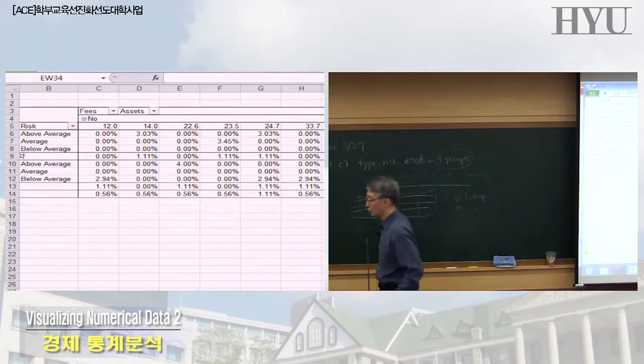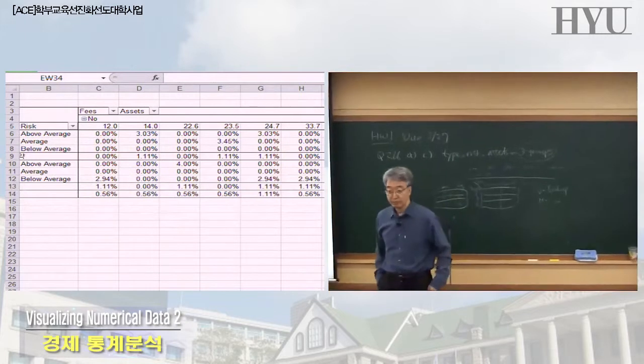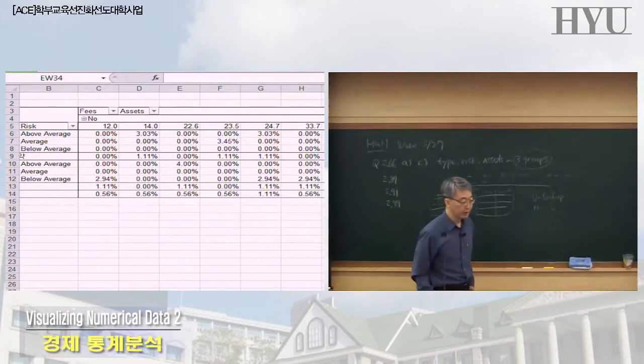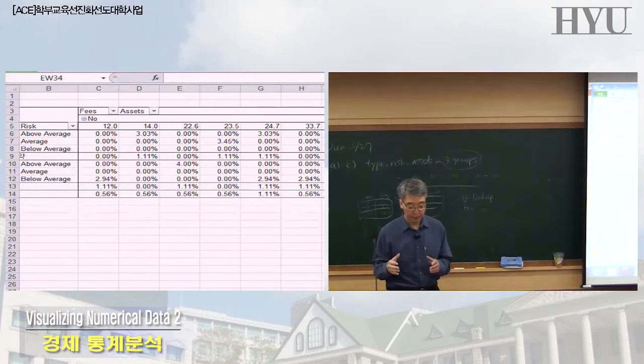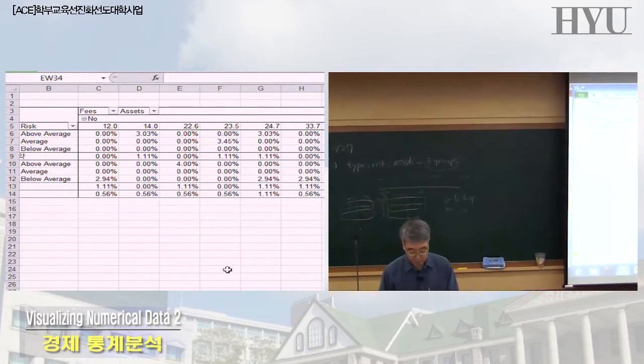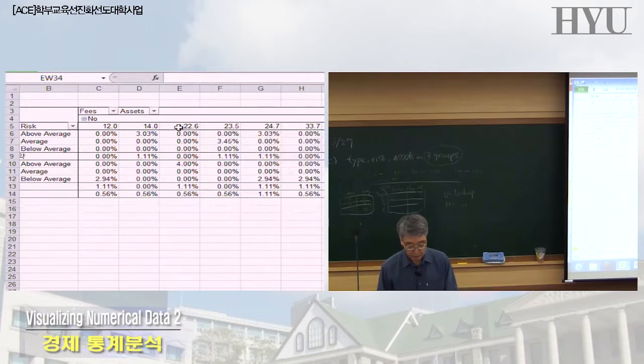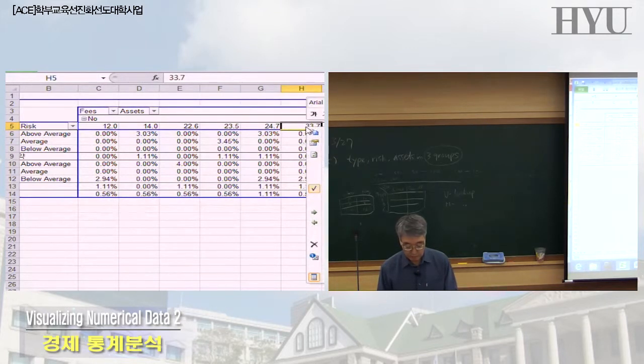In case you bring in a quantitative variable, how do you group it into different size levels? These are asset sizes. Just right click on any number here of the asset size, and choose group.